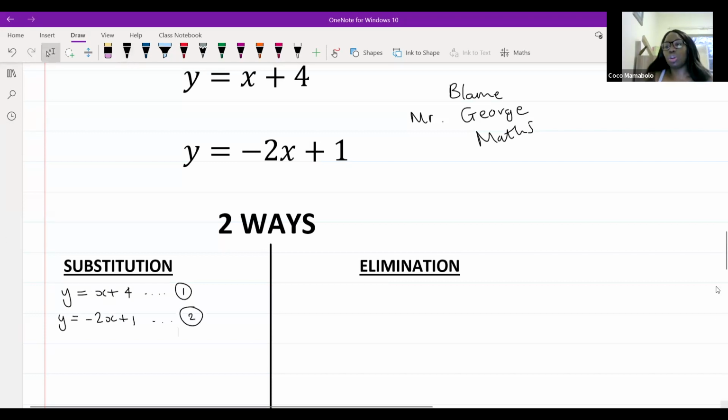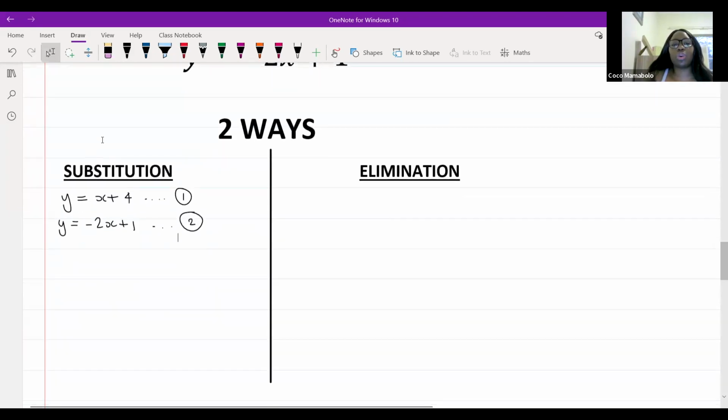All right, so now with these two equations numbered like this, I know that what I actually want is one of them to either equal y or one of them to equal x. Now, I can see over here that equation 1 already says y is equal to something. In this case, we don't have to rearrange, because y is already the subject of the formula.